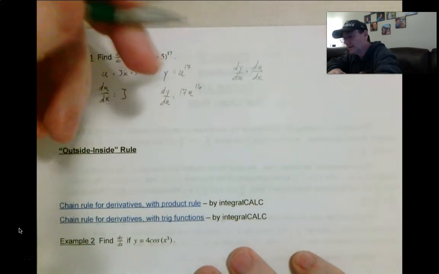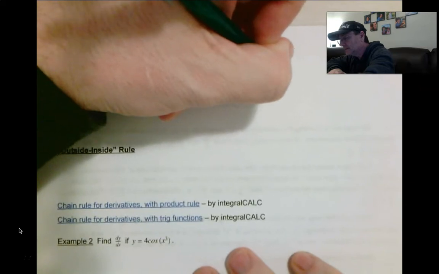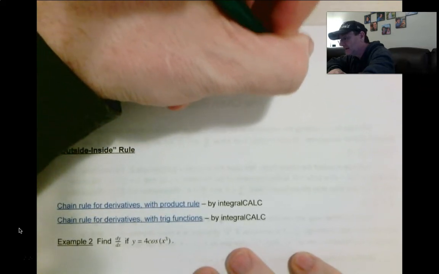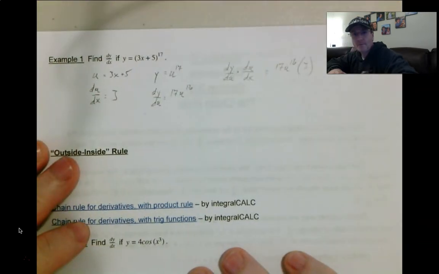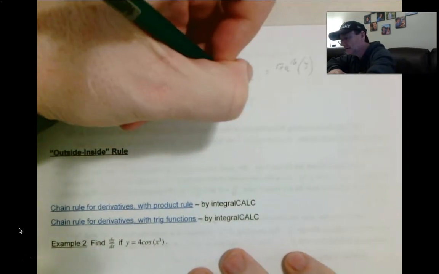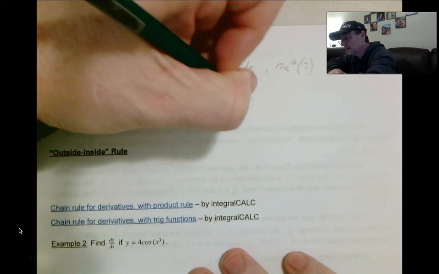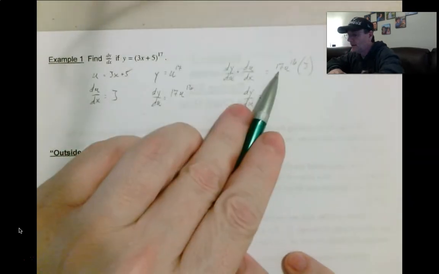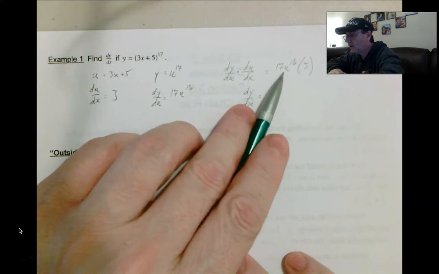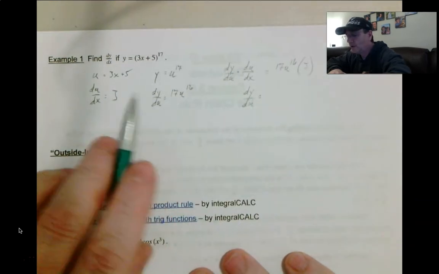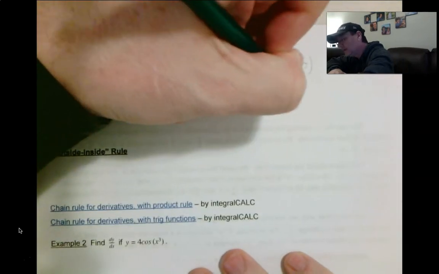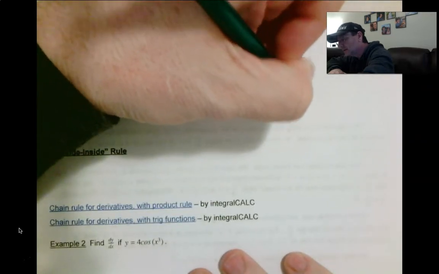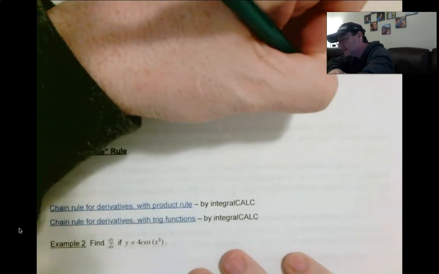Okay, so dy du, 17u to the 16th power times 3. So dy dx is equal to 51u to the 16th, but we know what u is. U is 3x plus 5. So 51 times 3x plus 5 to the 16th power.